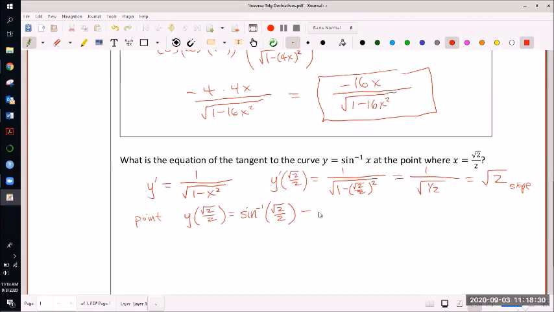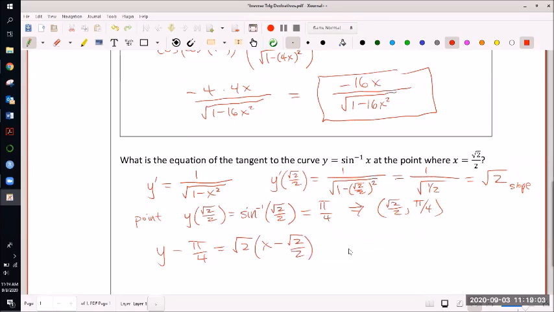Okay, and that's going to be pi over 4, because the sine of pi over 4 is square root 2 over 2. This gives me my point, root 2 over 2, comma pi over 4. My line in point slope form is y minus pi over 4 equals the square root of 2 times x minus the square root of 2 over 2.